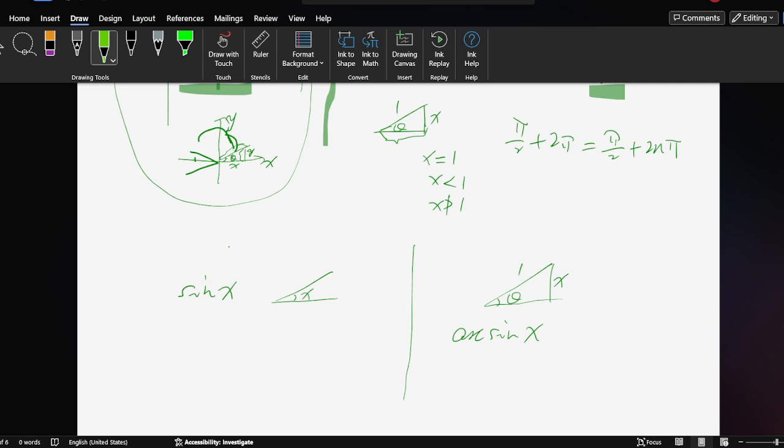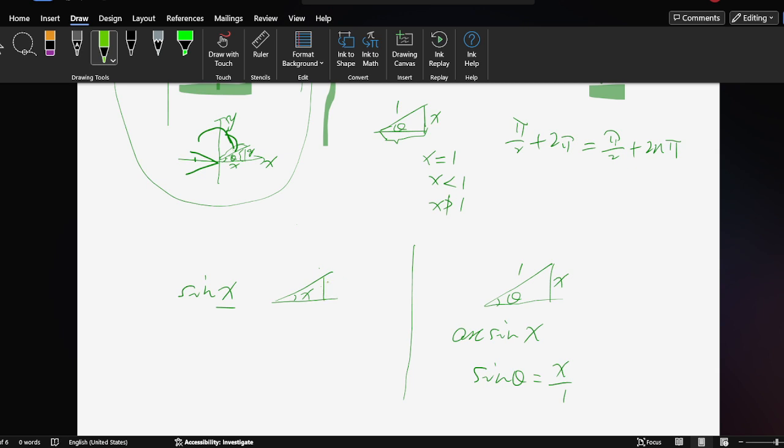What I mean by x is the angle, this angle. The angle x you can write here. This is the independent variable. Here, sin x and arcsine x are different. Arcsine x is here. What does arcsine x mean? It means sin theta equals x over y.